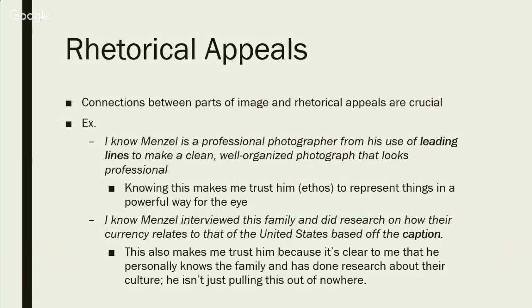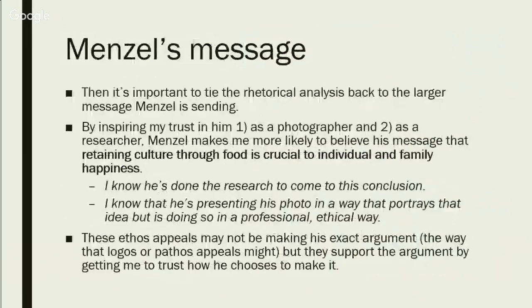I'm pulling in really specific elements of the image and connecting them to the ethos, showing how these make an appeal to my trust. So then you ultimately have to tie all of those things back to the overall message Menzel is sending.